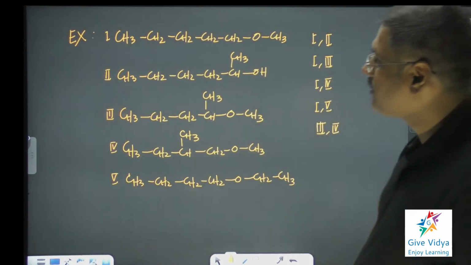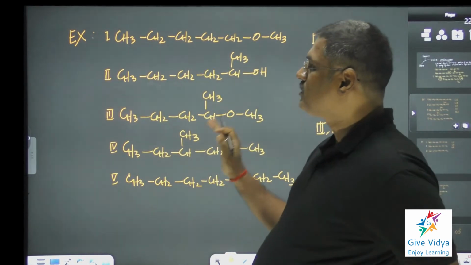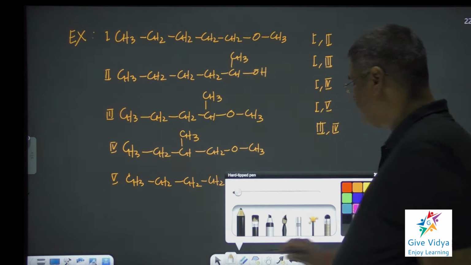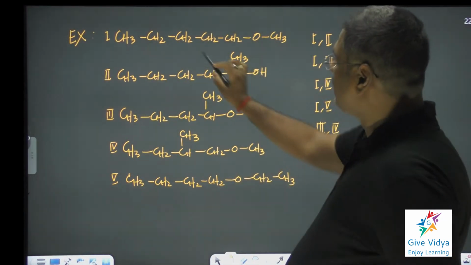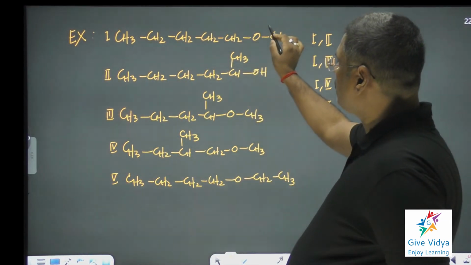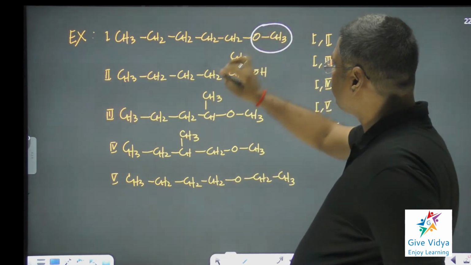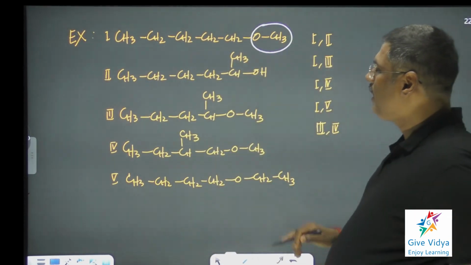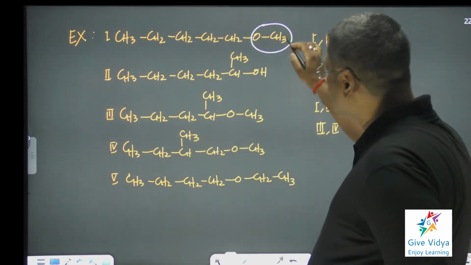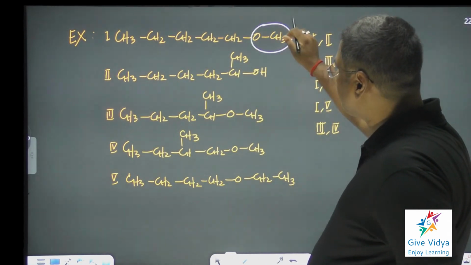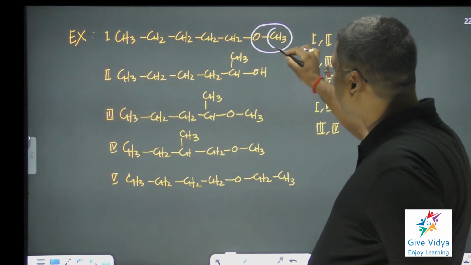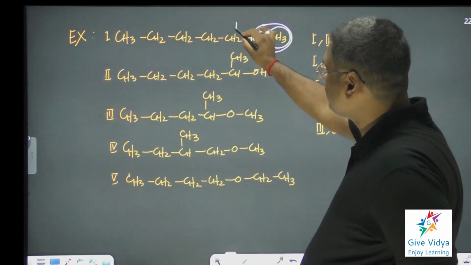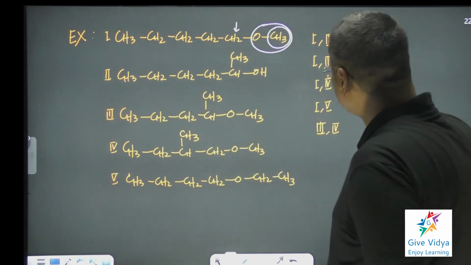Take this example. In this case, there is an OCH3, a methoxy group. And you see that the position of this methyl group is changed from here to there. Now it is here. 1 and 2.